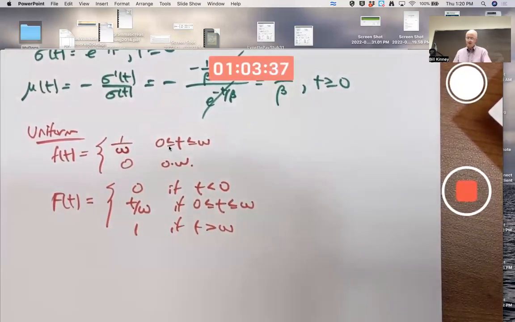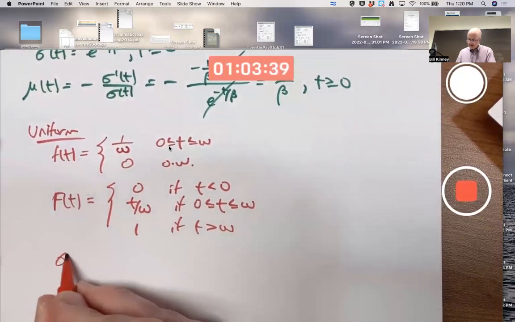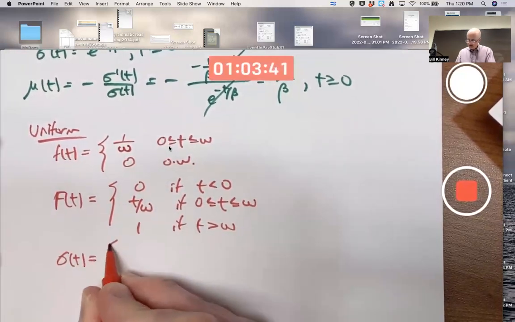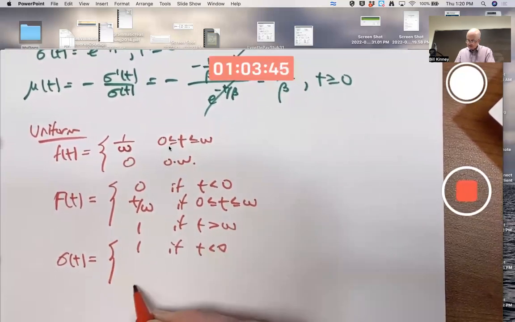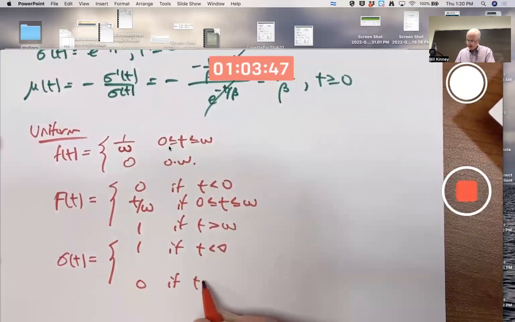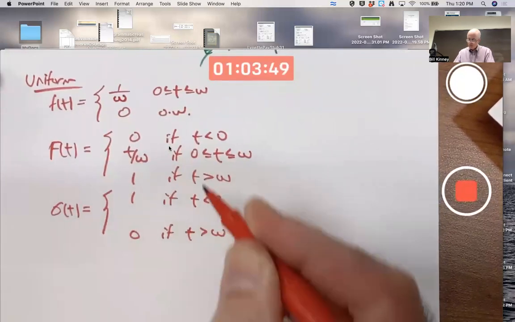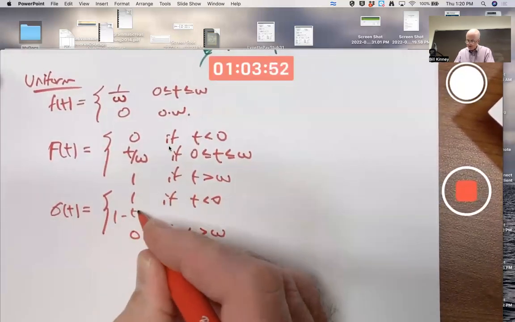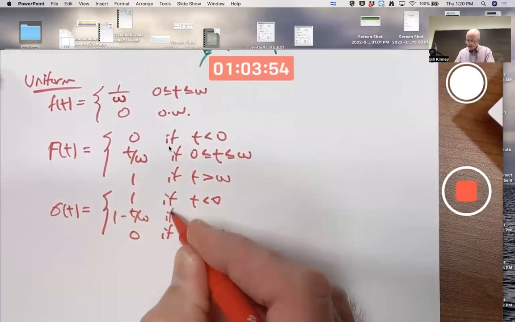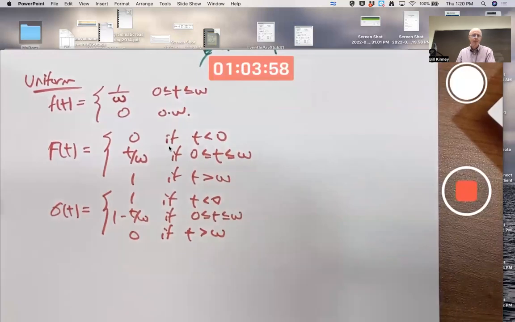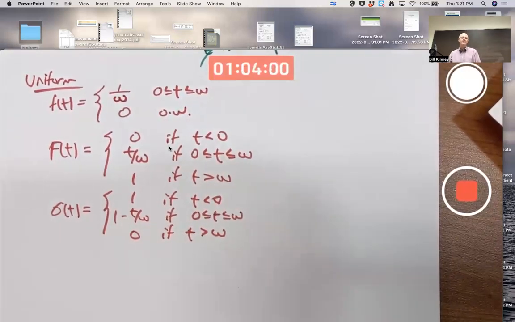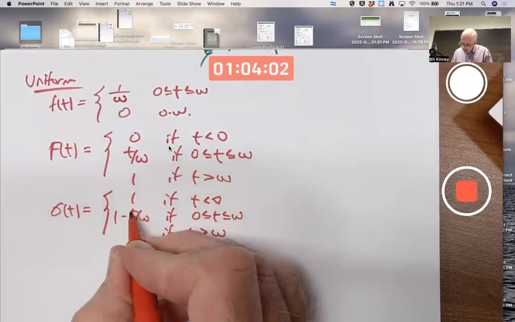That's the CDF. The survival function is the complement of that. 1 if t is negative, 0 if t is bigger than omega, and 1 minus this, 1 minus t over omega if t is between 0 and omega.